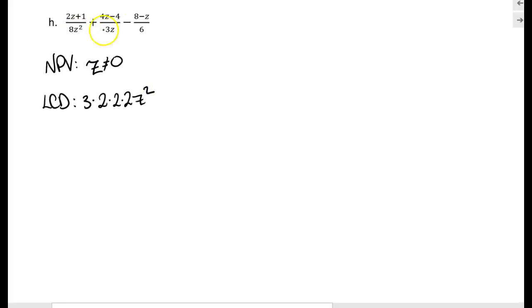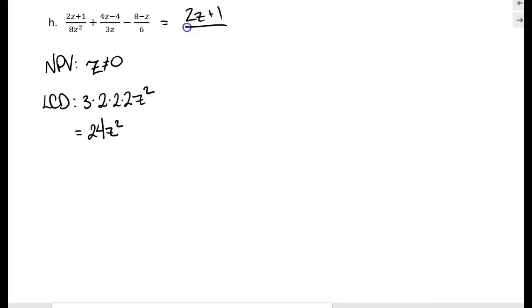Again, feel free to write these in prime factorized form if it helps, or if you can just spot it, good on you as well. And so we get 3 times 2 times 2 is 12. So we've again got 24z squared. So even though we threw that 3 into the mix, it hasn't actually changed the lowest common denominator compared to that previous example.